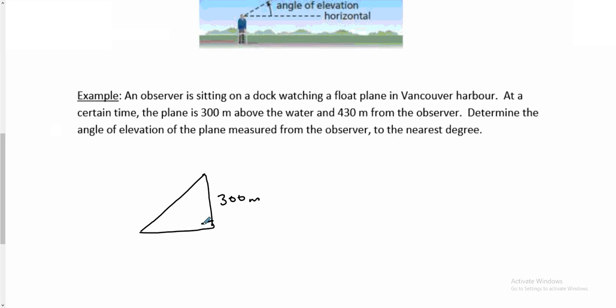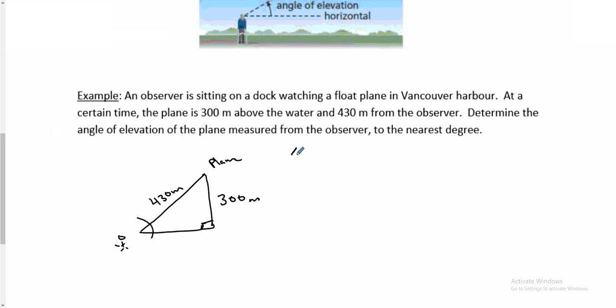Remember, we said that in most cases in here we can safely assume it is a right triangle. Some people might say that 430 should be down here, but if we know that the plane is up here and over here, it makes sense that this should be 430 meters. It's the longest distance when we cut through a thing. So we need to determine the angle of elevation to the nearest degree.